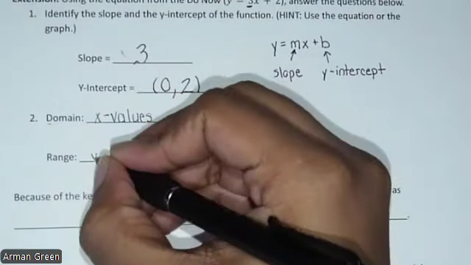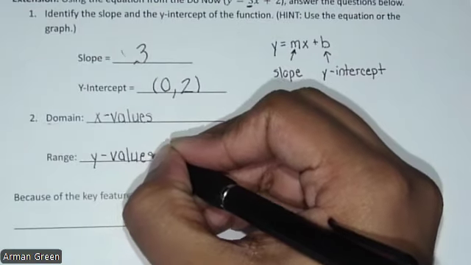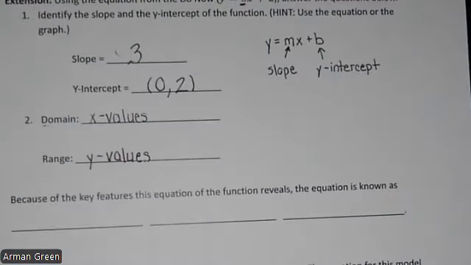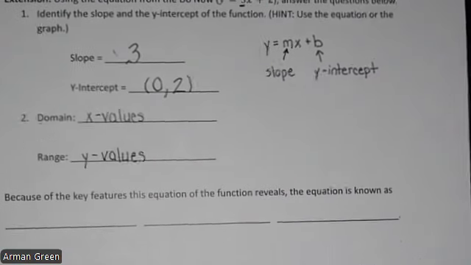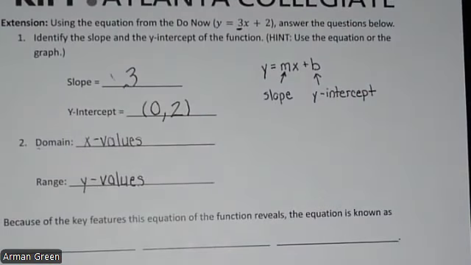And the range is the opposite. We're focusing on y values. So when we're talking about domain, if this is our function up here, we're just trying to think, can I plug in any number for x into this function?